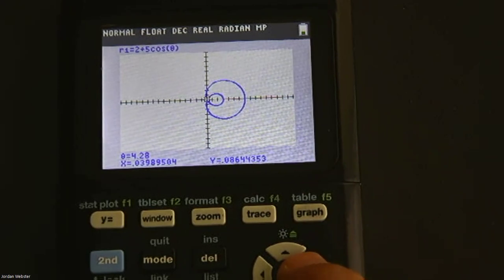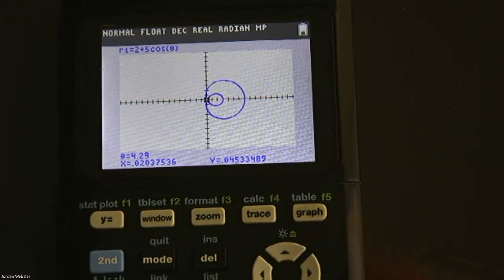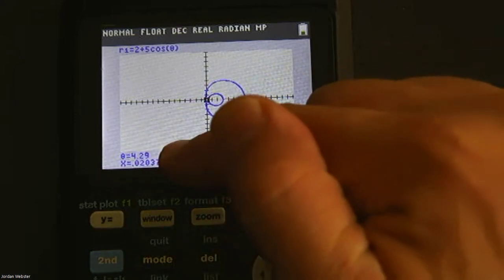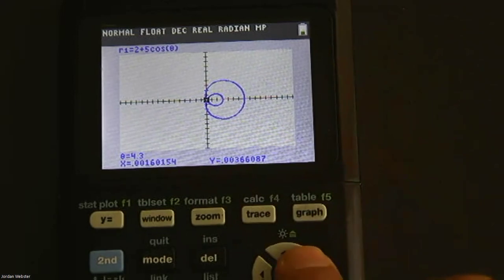Now, in this case, that spot where we hit the origin is not going to be a nice pi over 3 or a nice pi over 4 or anything like that. So what you would do is you would make your best estimate. And you can get really accurate by changing up.